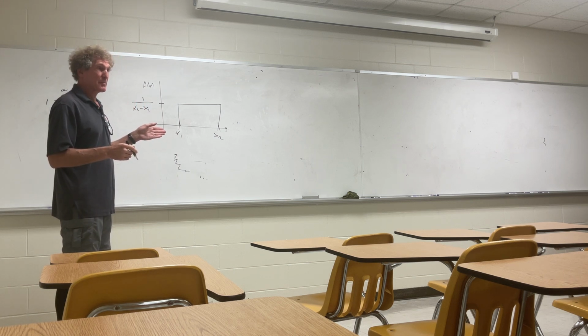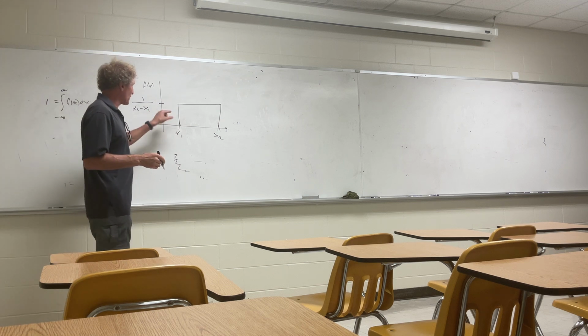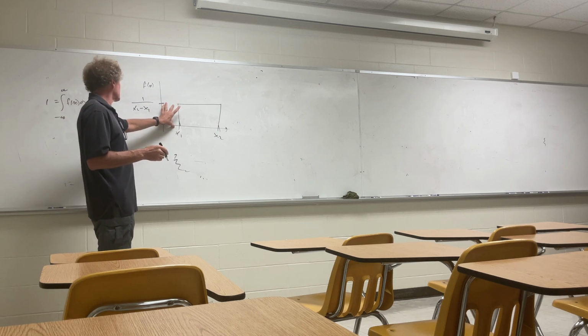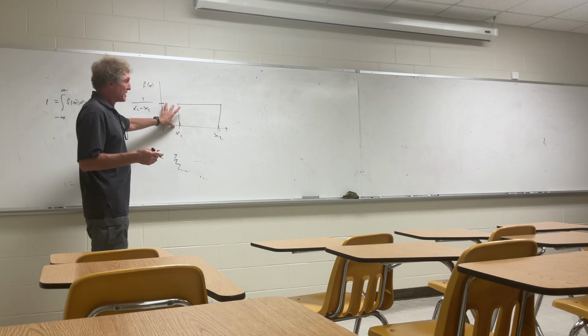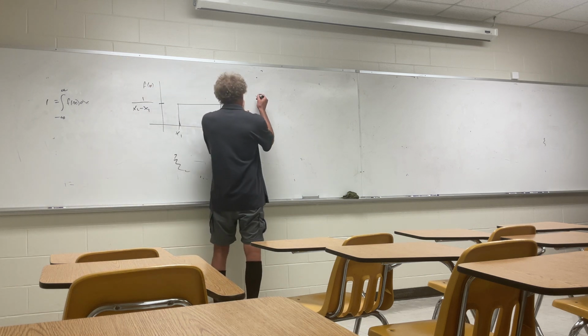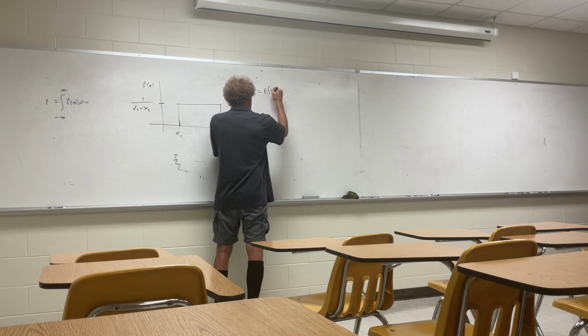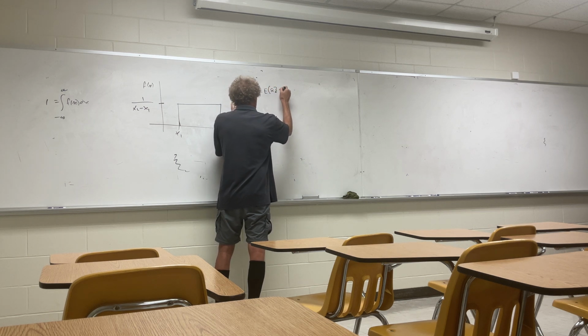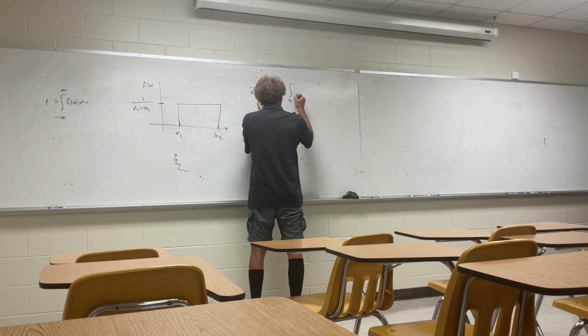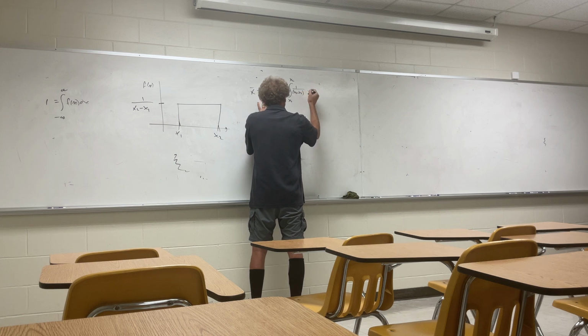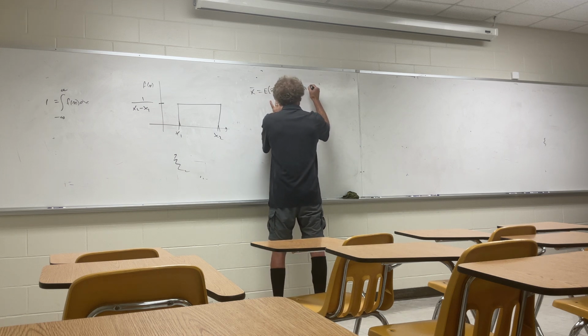It's really taking 1 over x2 minus x1. Matter of fact, I might as well do it. If we take the expected value of x, that would be the integral from x1 to x2 of f of x, and f of x is just 1 over x2 minus x1, times x dx.